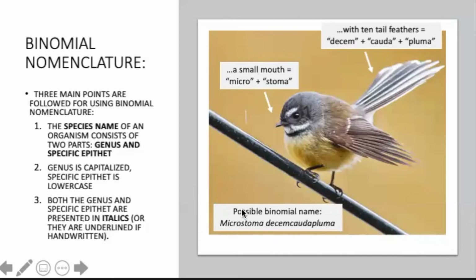And you can see here the correct way it is typed out. If this were written, it would be underlined. Just want to note that. But we can see the capital letter for the genus and how the specific epithet in itself is going to be lowercase. Together, that makes the possible species, excuse me.